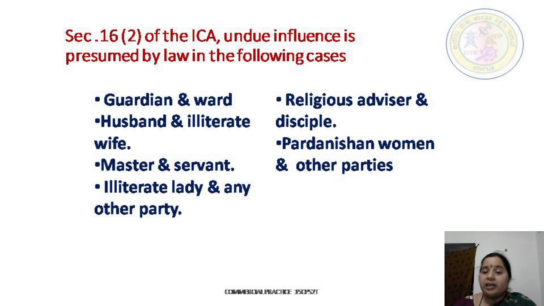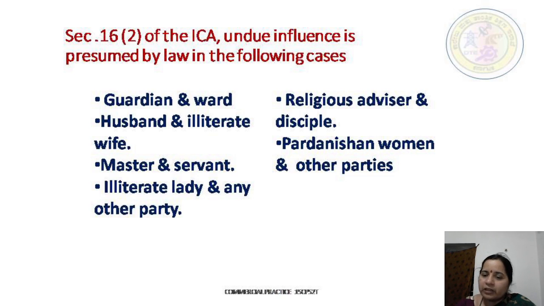If the servant wants to set aside the contract, he need not prove that he was influenced by the master's power, because law says there is the existence of undue influence in relationships like master and servant.